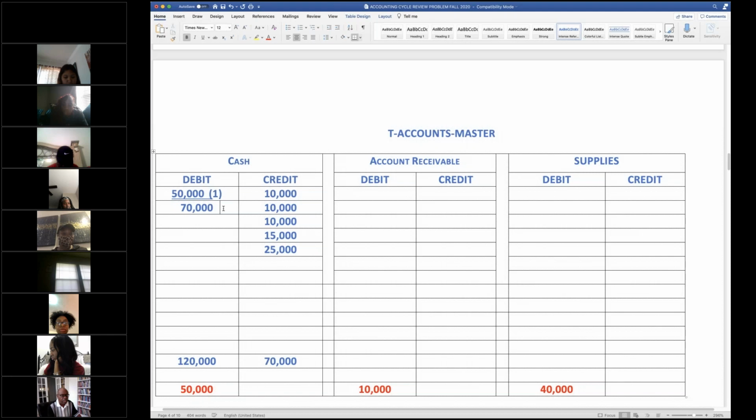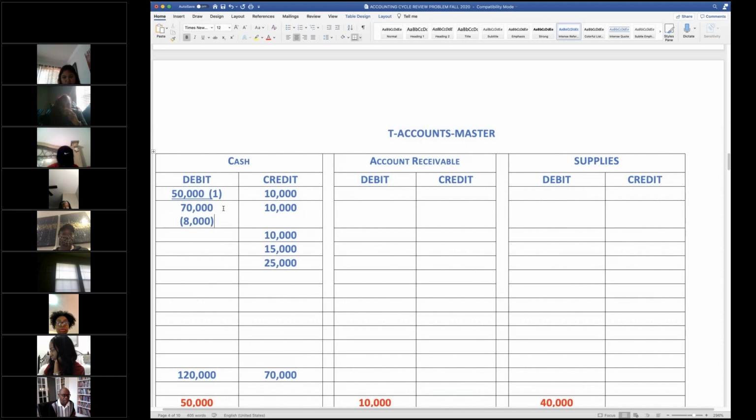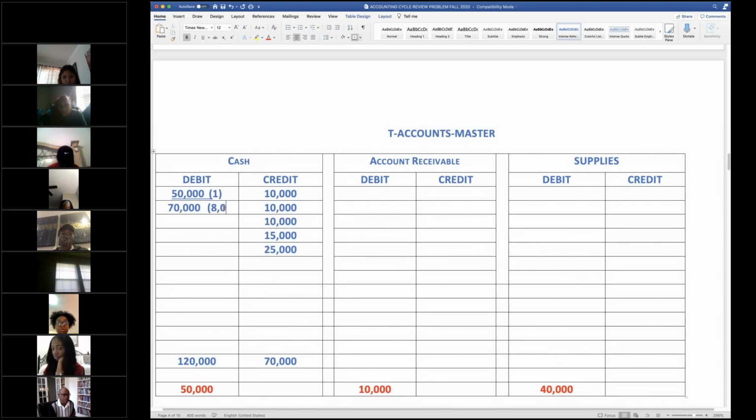But before that, it was a debit. Now let's go and pick up the debits. It's one more on the debit though, right? Number 7. Okay, let's go back to the top.